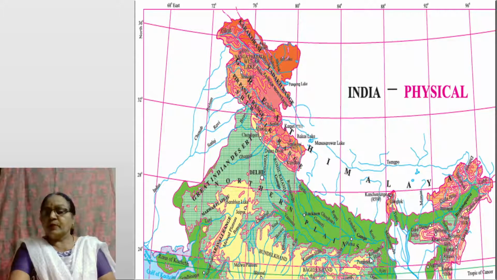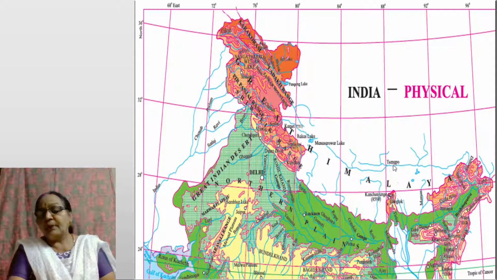Here the Ganga is also joined by the Brahmaputra river, which rises in Mansarovar Lake, and it comes down through the Himalayas, enters India through Arunachal Pradesh, and joins the Ganga, and together they form the greatest delta in the world, which is called the Sundarbans Delta.